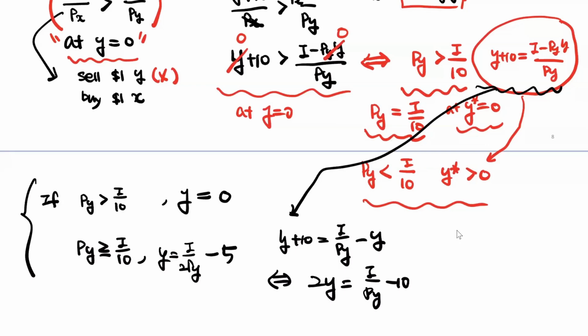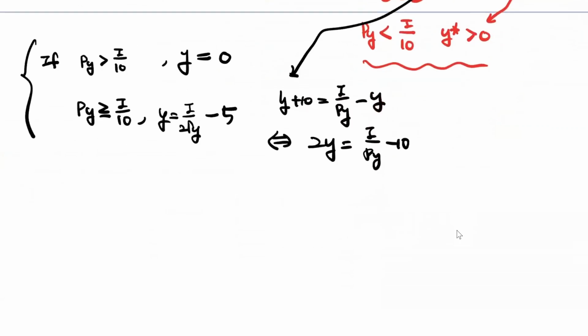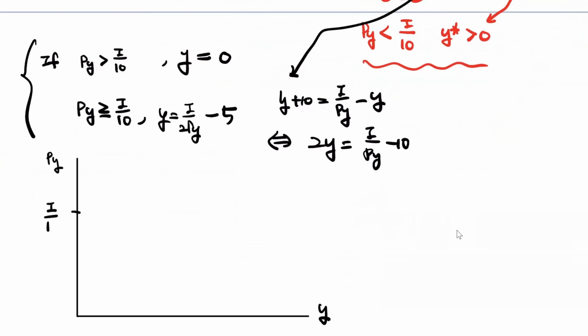And then the graphical representation is going to be the following. Here, this is the price of good Y, and this is the number of good Y. If this price of good Y is greater than income I divided by 10, we know that optimal consumption for Y is going to be 0.